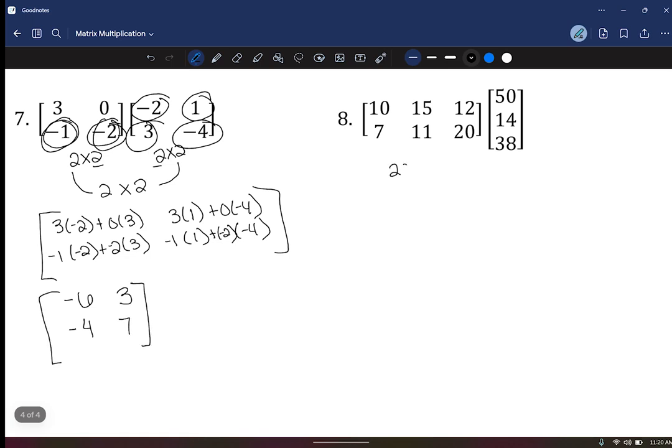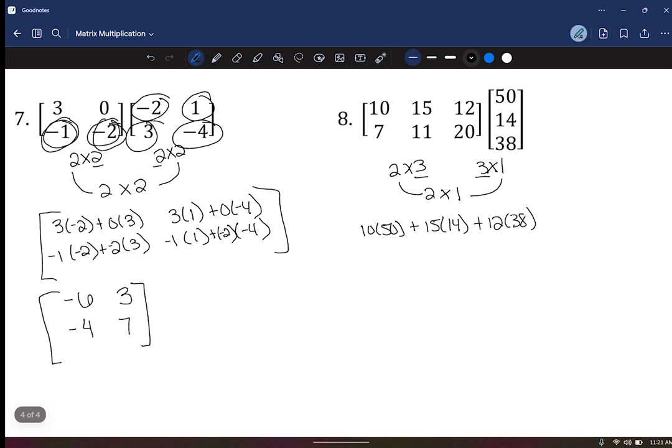Here I have a 2 by 3 times a 3 by 1. Columns match rows. I should end up with a 2 by 1. So we'll do first row, first column. So we have 10 times 50 plus 15 times 14 plus 12 times 38.